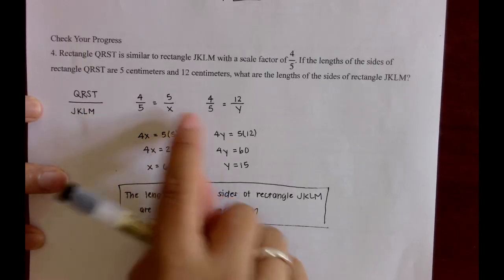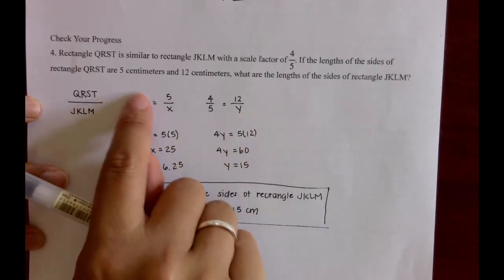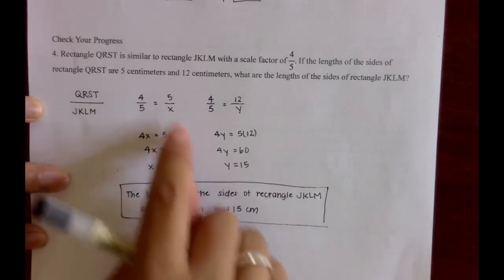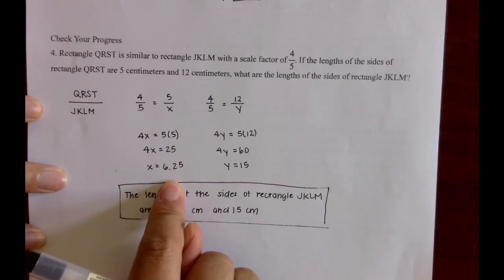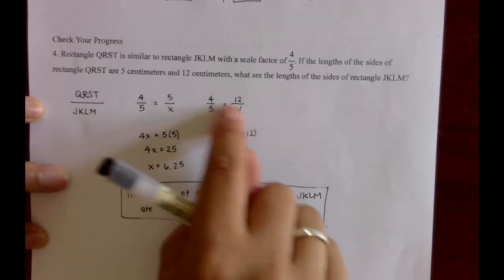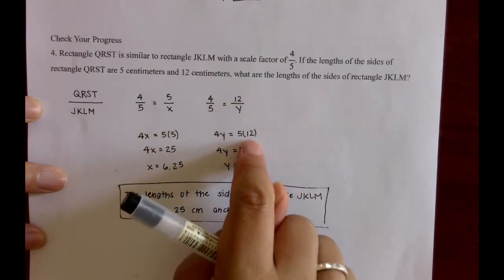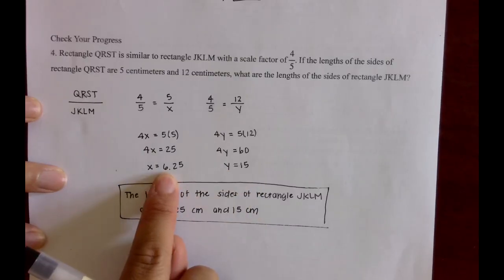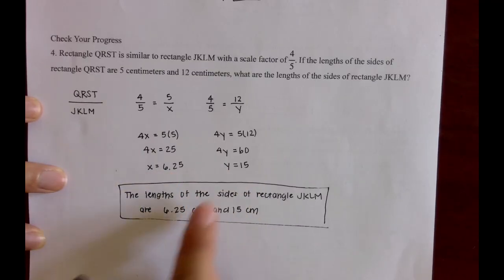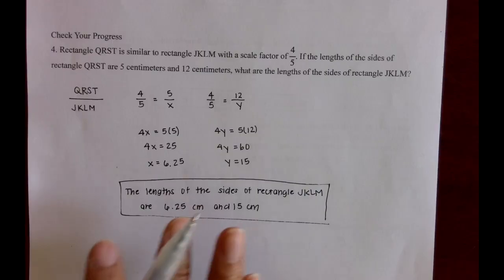So then I put my unknowns on the bottom. Cross multiply here, 4x, 5 times 5 is 25. Divide by 4 on both sides, you get 6.25. Cross multiply to find the other one, 4 times y, 5 times 12 is 60. Divide by 4 on both sides, you get 15. So that's why the sides of the rectangle are 6.25 centimeters and 15 centimeters.